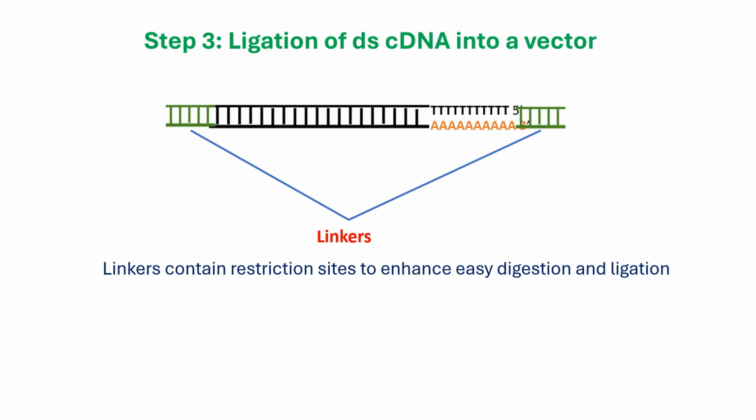A restriction site is just a particular stretch of sequence that is recognized by a specific restriction enzyme, and that enzyme will recognize that region alone and then cut in a specific manner. So by treating this with a restriction enzyme, it will cut at the linker regions to generate a sticky-ended insert, or a sticky-ended cDNA molecule, as our insert.